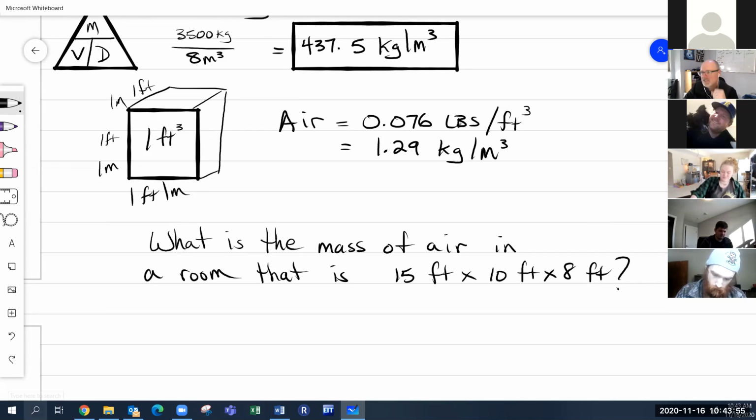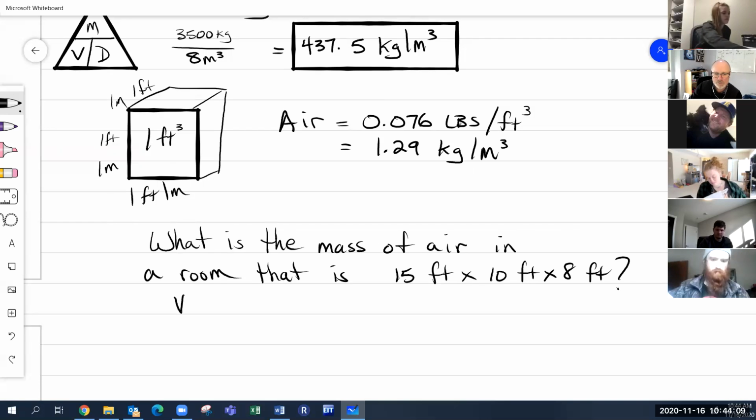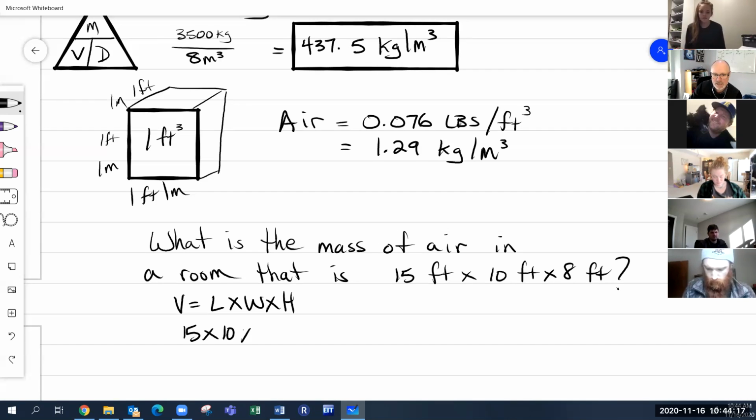Okay, what is the mass of air in a room that is 15 feet by 10 feet by 8 feet? So first off, let's get the volume of that room. Volume is length times width times height. 15 times 10 times 8.